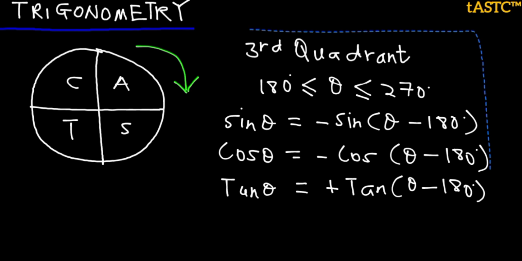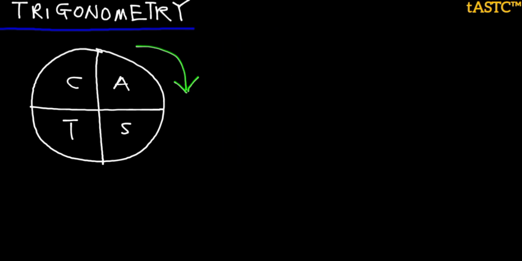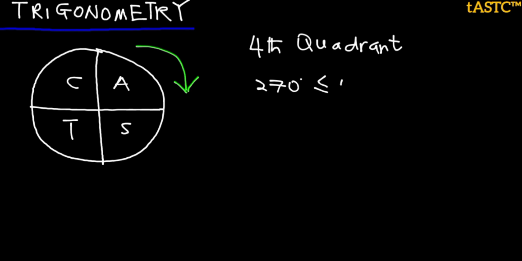Now let us move on lastly to the fourth quadrant. For the fourth quadrant, only cosine is going to give us a positive. Now we know these angles are greater than 270 degrees, but they're less than 360 degrees. So in this case, if you have a sine of it, sine of any angle here is going to be negative.